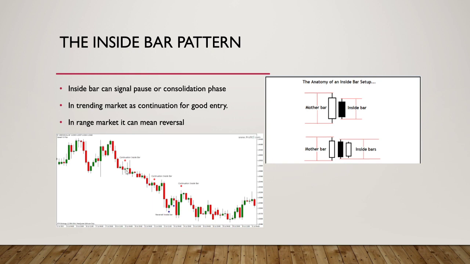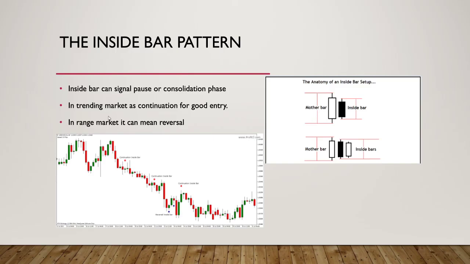Like, for example, this one. It's 2 candles, so you could either enter here or there. However, both are inside the mother bar, right? And then you could just sell. Boom. Nice entry.